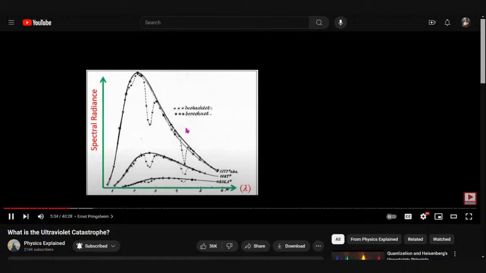Function of wavelength. This resulted in... So this is lambda. So lambda is 1, I guess. Oh, this is micrometer. Okay, so lambda in micrometers. I mean, if this is micrometer, I think 0.65 micrometer is the color red, and 0.65 is the biggest wavelength.